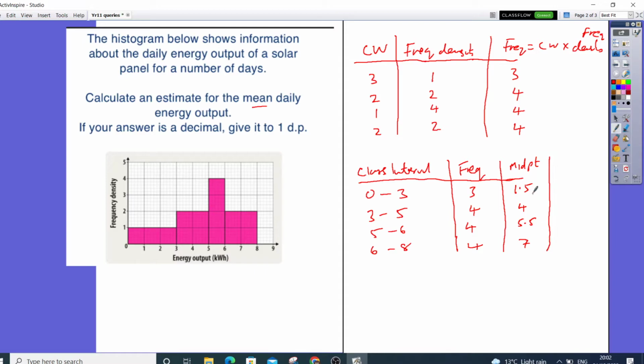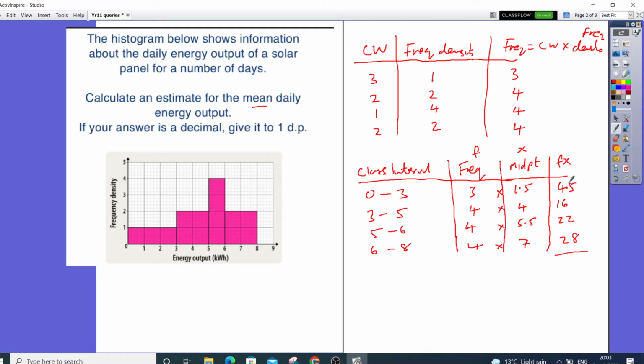So from here we call that frequency, call that x, the midpoint, and this is called f times x, and we times these two together. So 3 times 1.5 is 4.5. 4 times 4 is 16. 4 times 5.5, so double it is 11, double it 22, and 4 times 7, 14, 21, 28.